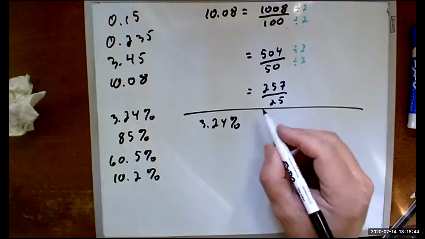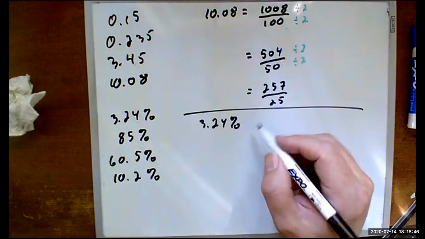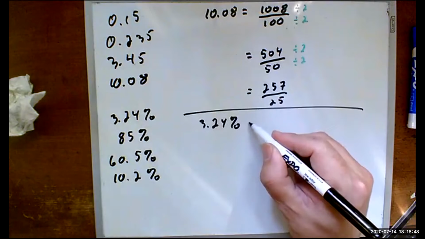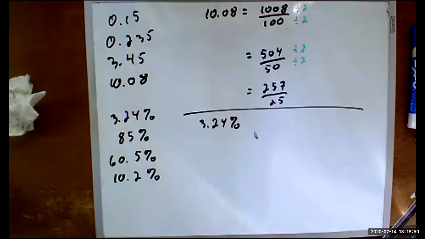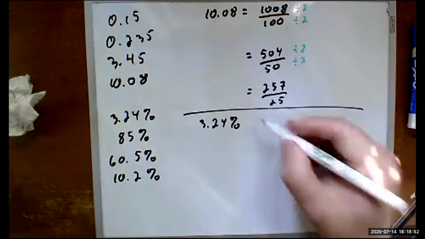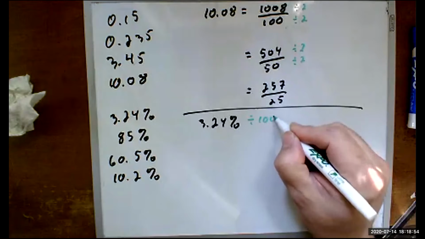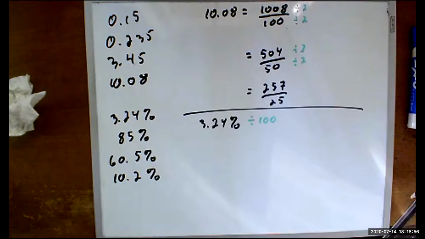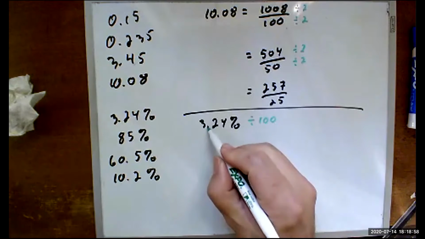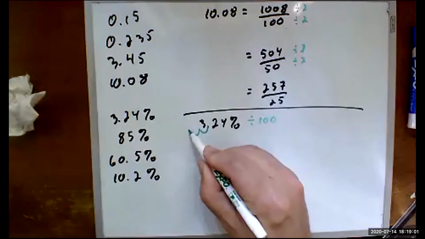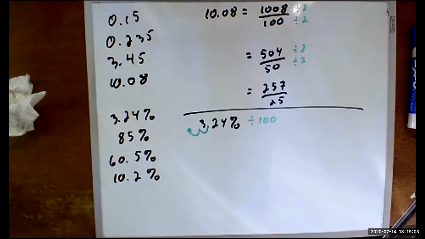There are a number of ways that you can think about it. One of the ways is to say, okay, let me divide this by 100 to turn it into a decimal. Doing that is the same as saying I need to move this decimal 2 decimal places to the left.